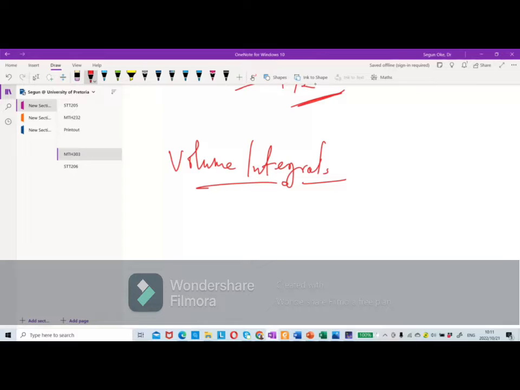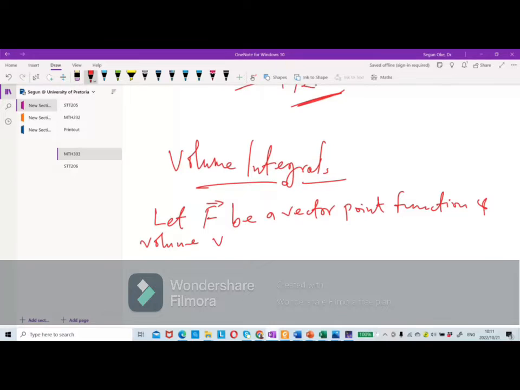Let the field F be a vector point function and volume V enclosed by a closed surface.